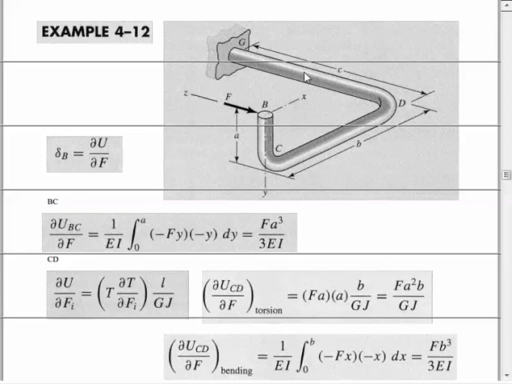It also causes axial tension of this member, which is pretty small, but I think it was incorporated into this problem. So you go through and integrate all of those various pieces, add them together, and we can get the deflection of this point on this structure in the direction of the load.